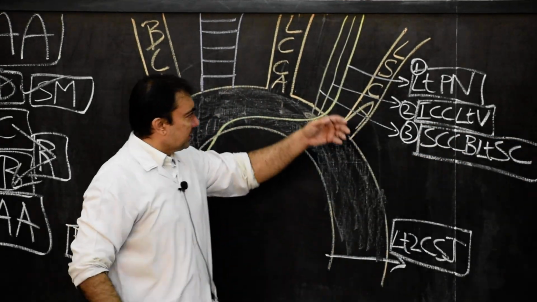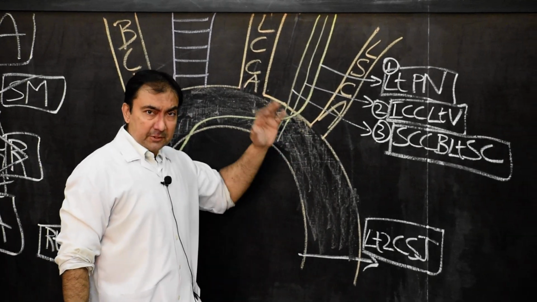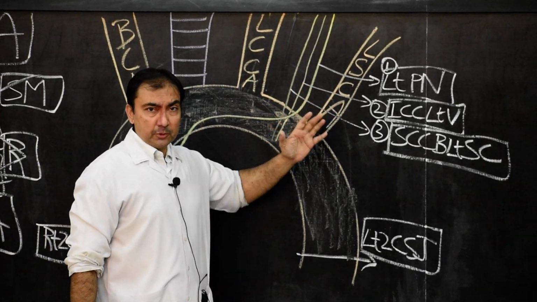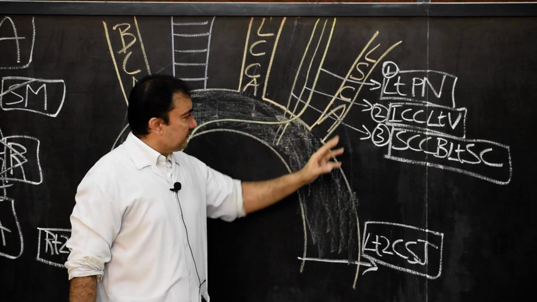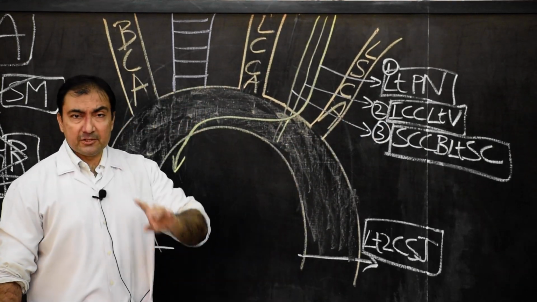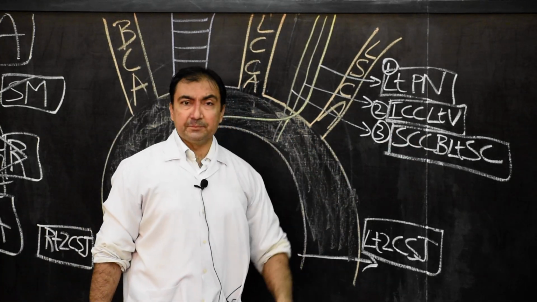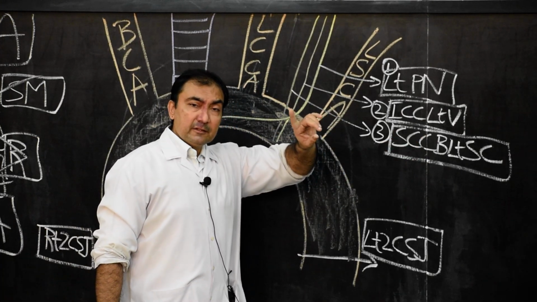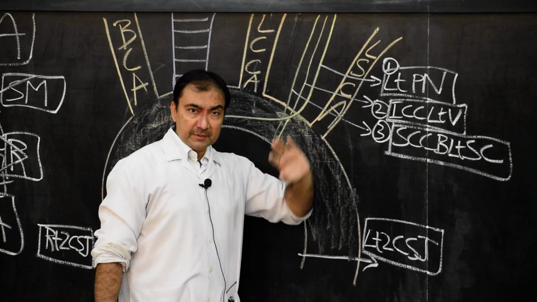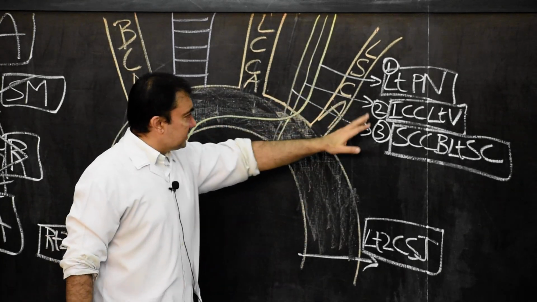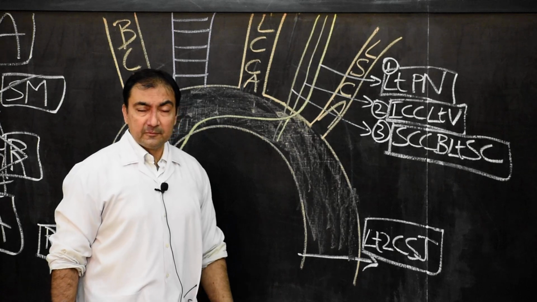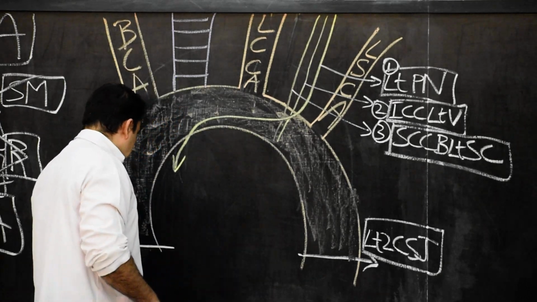So once again, anterior to posterior, front to back: the left phrenic nerve. Behind that will be the inferior cervical cardiac branch of left vagus nerve. Behind that will be the superior cervical cardiac branch of left sympathetic chain. And the fourth and last nerve, which is lying backwards in relation to these 3 nerves, will be the left vagus nerve.